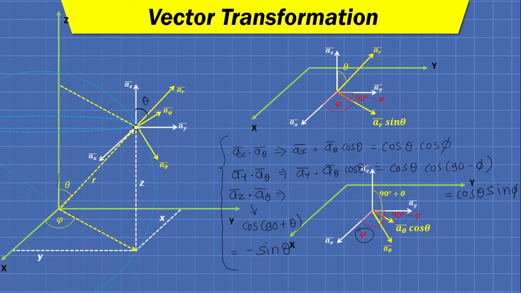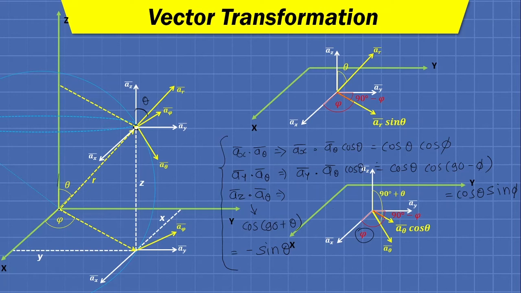For the final three dot products, we will directly have the projection of a phi bar on the xy plane, because we know the a phi bar direction will always be parallel to the xy plane. So no inclining angle will be there. This will be the direction of x and y respectively.